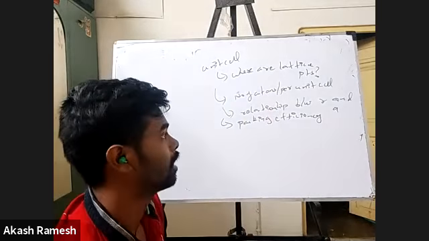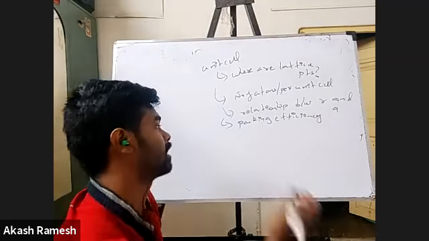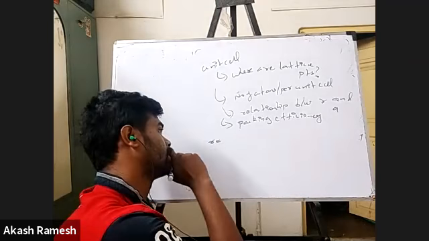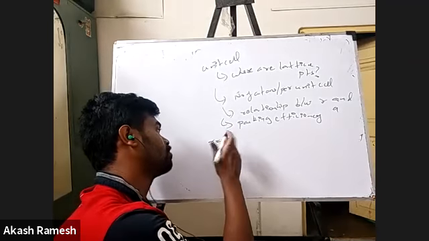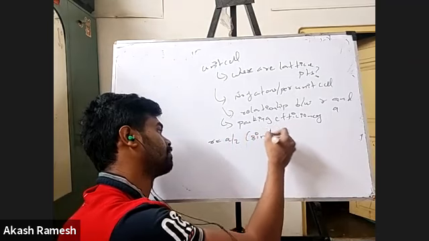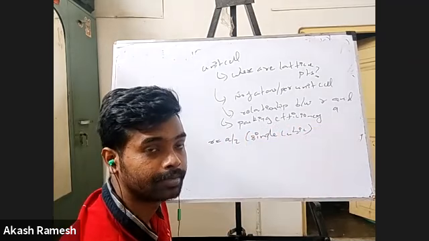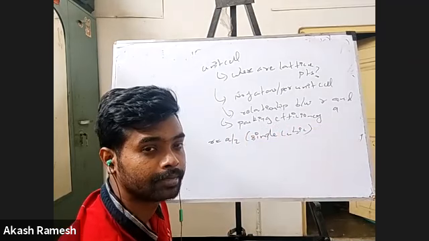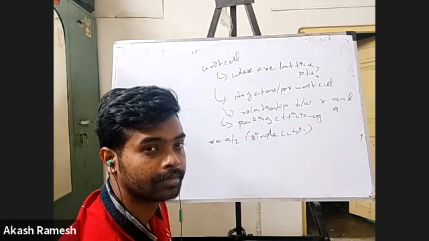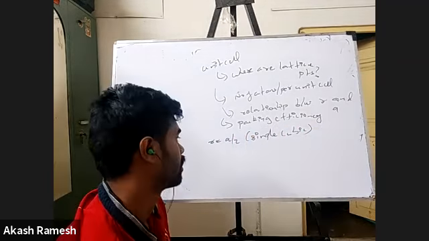That is for simple cubic. And the relationship, you know, right? R is equal to A by 2. Is it correct for simple cubic?